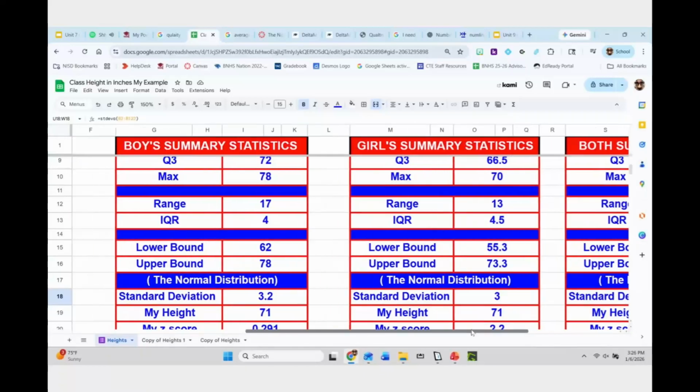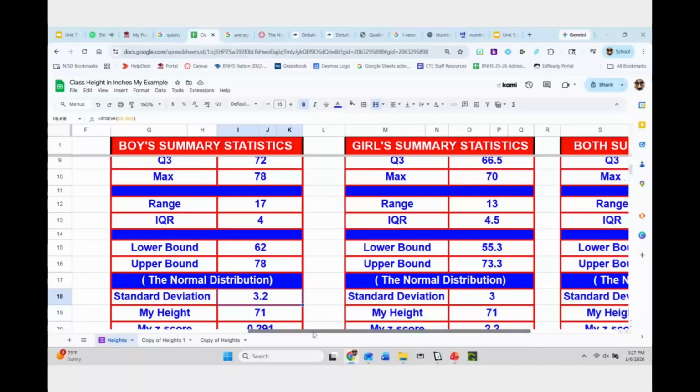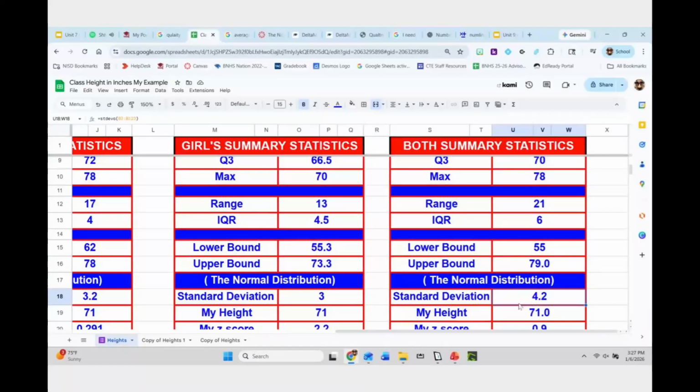Girls would have the smallest standard deviation. They would be a more narrow curve, and the boys would be not a lot wider than the girls' standard deviation, but a little bit more. And then both of them combined would be more wide than that.